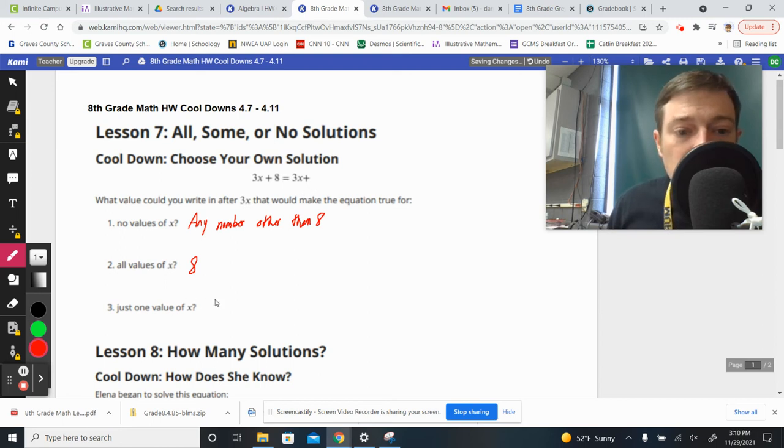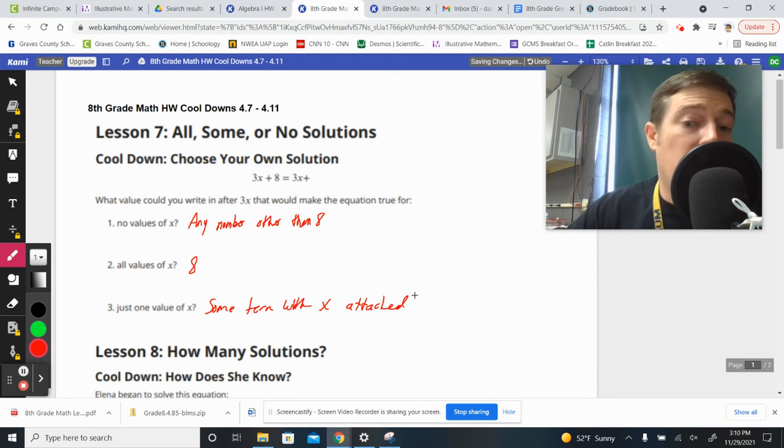I'll let you pick whatever you want to put there. It could be negative, positive, a fraction, a decimal. As long as it's not 0x's, you're going to have a different amount on both sides. So that'll have a solution when you solve for it, because the x's won't disappear when you take them away from both sides.